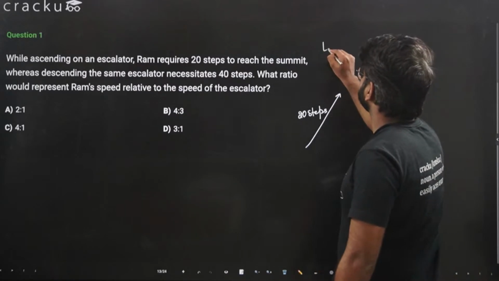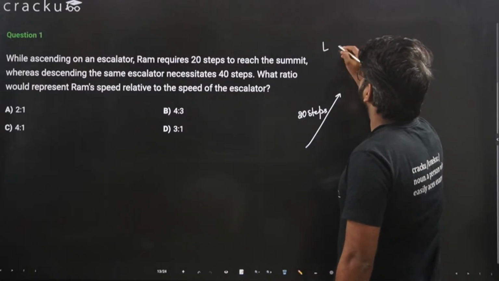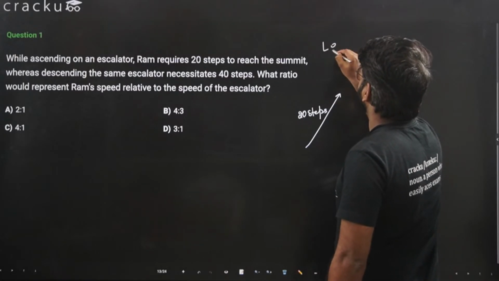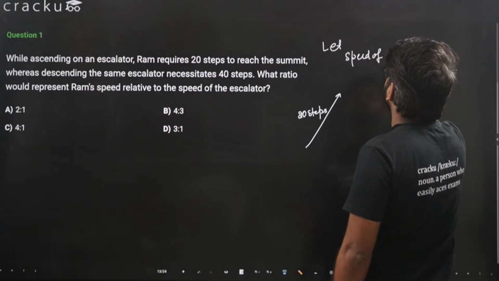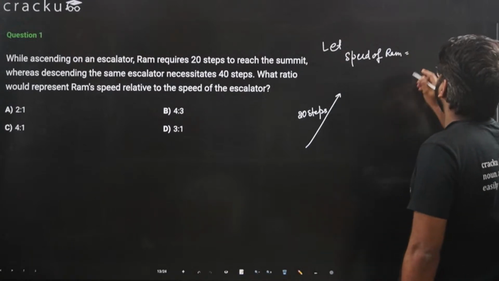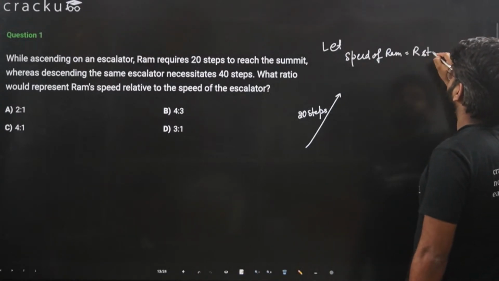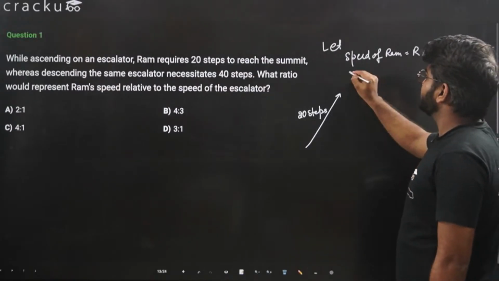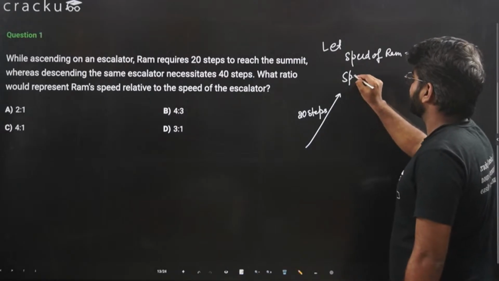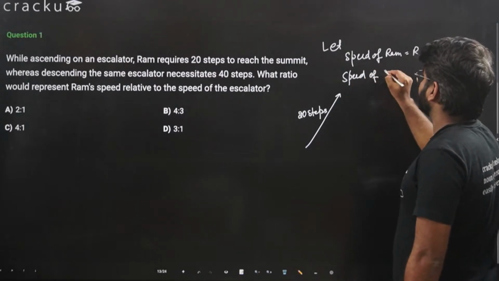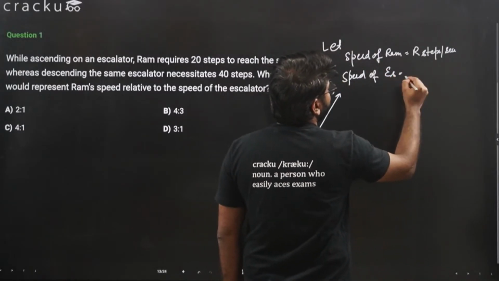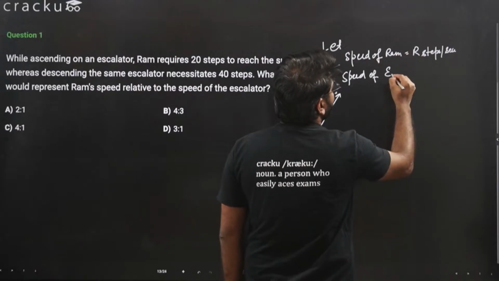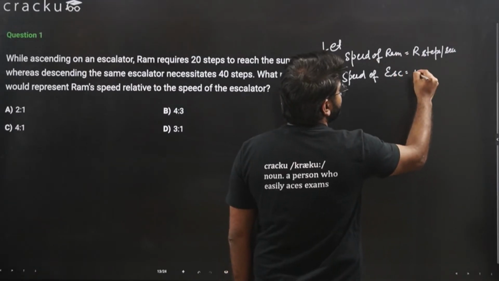Let's say the speed of Ram is r steps per second, and the speed of the escalator is, let's say, e steps per second.